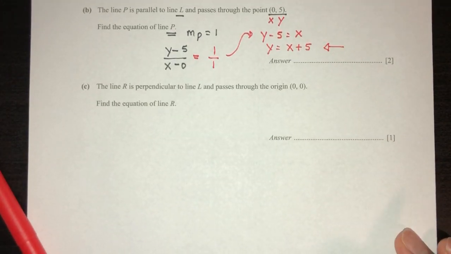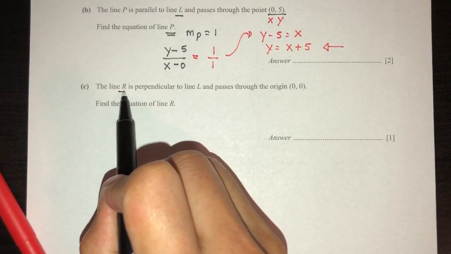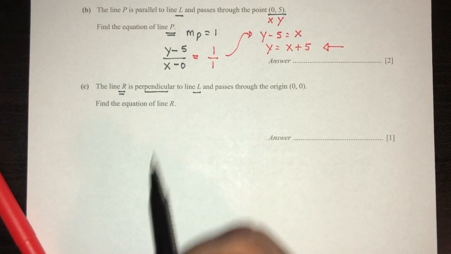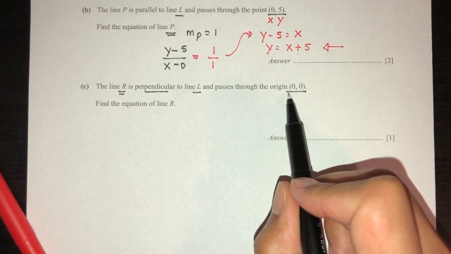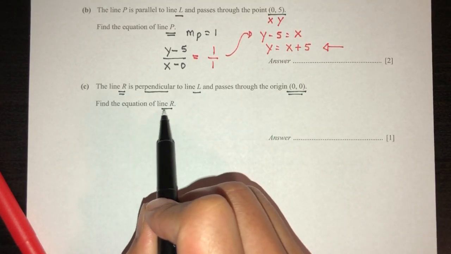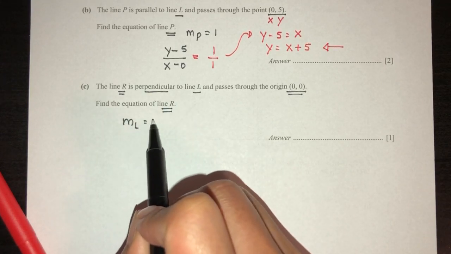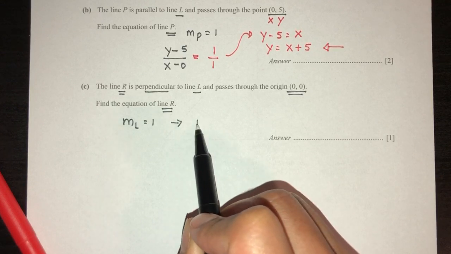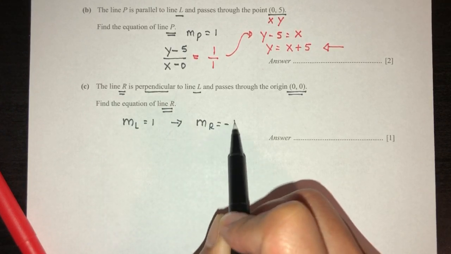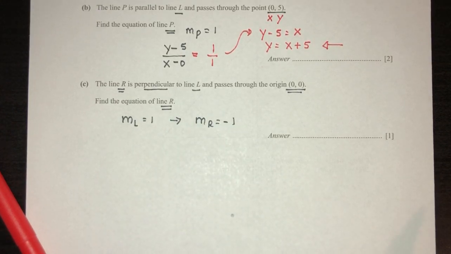Now let's move on to part C. The line R is perpendicular to line L. So we have another line now, it is perpendicular to line L and passes through this point. We have to find the equation of the line R. So we know the gradient of L is 1. So from this we know that the gradient of R has to be minus 1 because they are perpendicular.